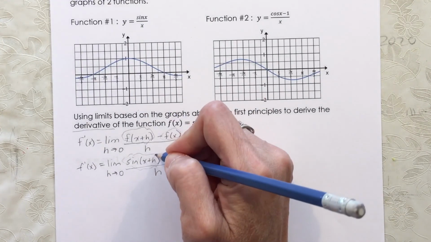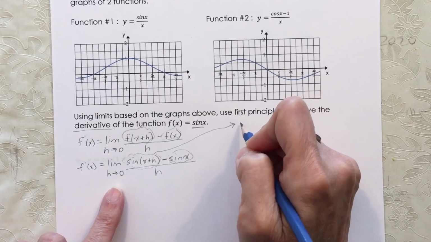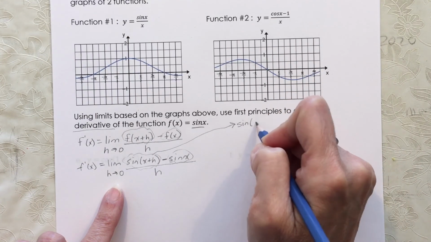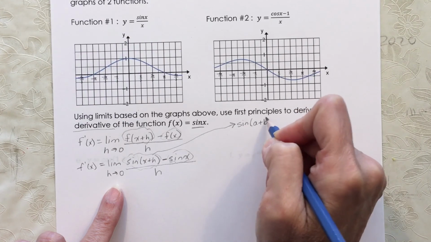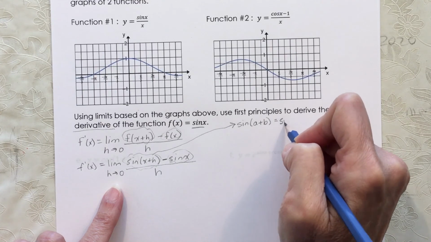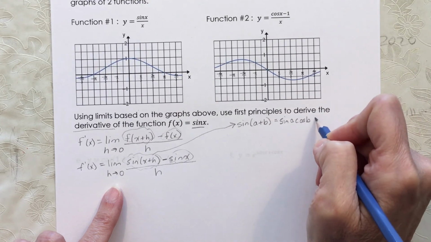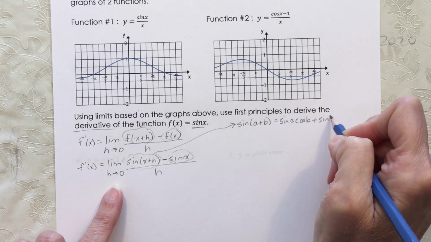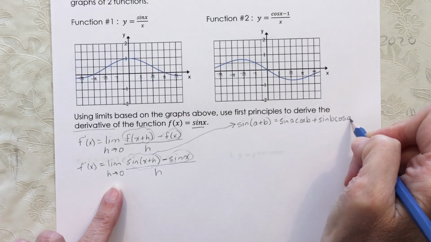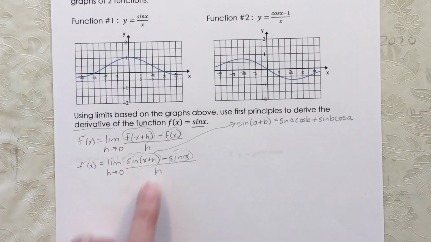Now, from advanced functions, you may not remember, but you did learn that the sine of a plus b is equal to the sine of a times the cosine of b plus the sine of b times the cosine of a. So we can use that sum of angles formula to expand the sine of x plus h.